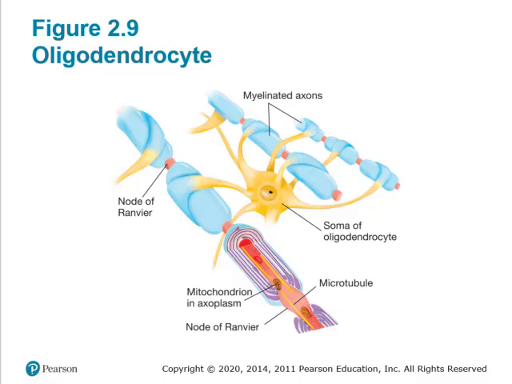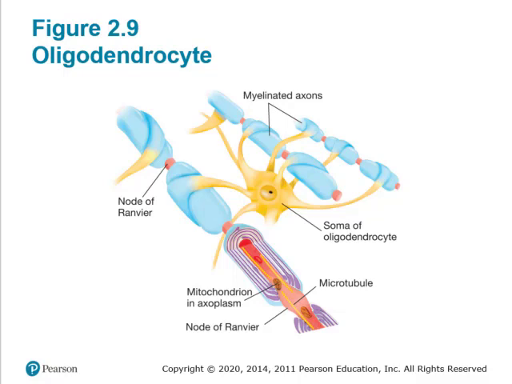The axon looks, as it's described by your textbook, like a series of beads strung on a single thread. And really, the nodes of Ranvier represent the spaces between the beads, and the beads in this metaphor are the myelinated axon segments.